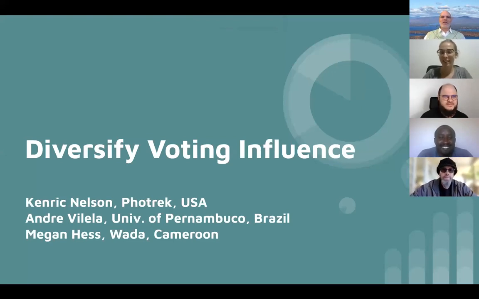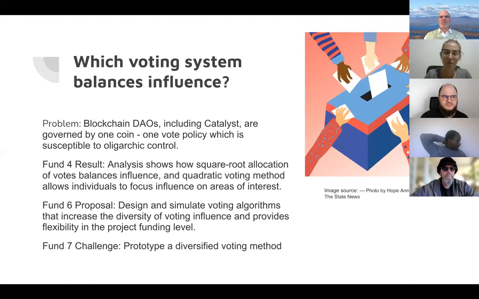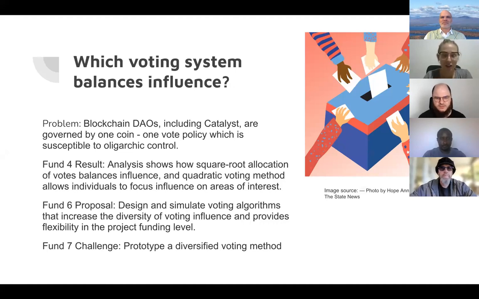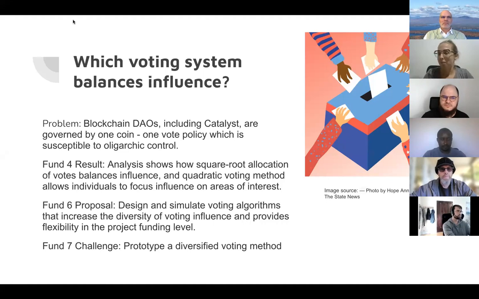So this is the Diversified Voting Influence Project, and Megan is going to introduce the project and the team. Yeah, thanks, Kenrick. So one big question that was really guiding this whole project is finding which voting system balances influence best. As hopefully all of you are aware, Project Catalyst currently has sort of the 1 coin, 1 vote policy.